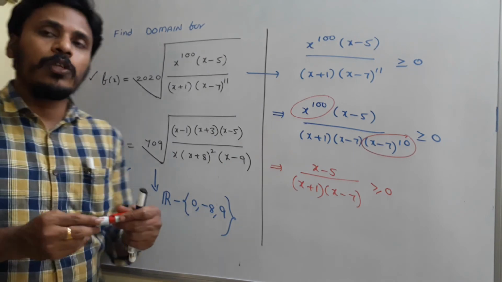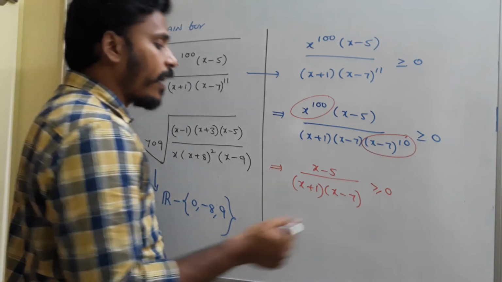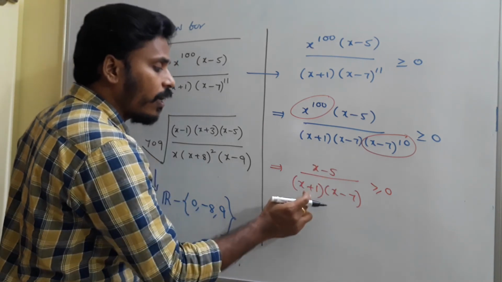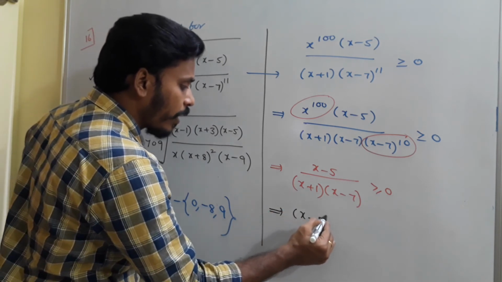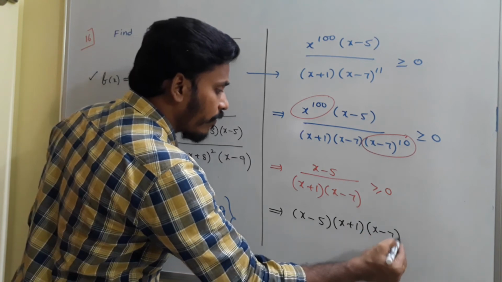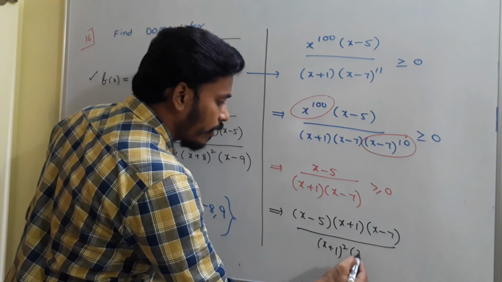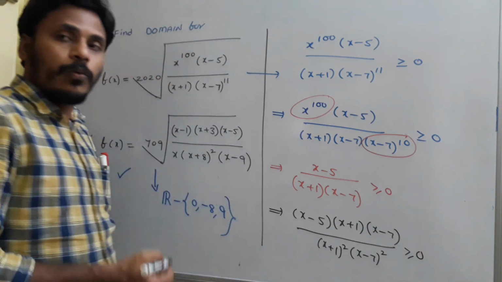Now to solve this, again you just go with the traditional procedure. See, we need to make the denominator positive, so you just multiply both numerator and denominator with x plus 1 into x minus 7. So I will write directly, x minus 5 into x plus 1 into x minus 7 divided by x plus 1 whole square into x minus 7 whole square is greater than or equal to 0.